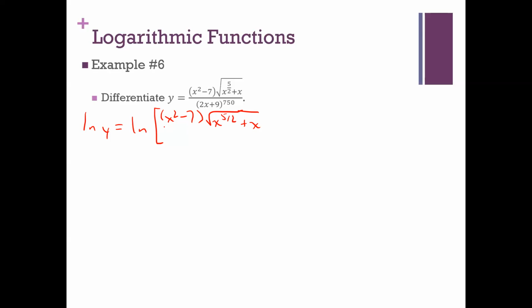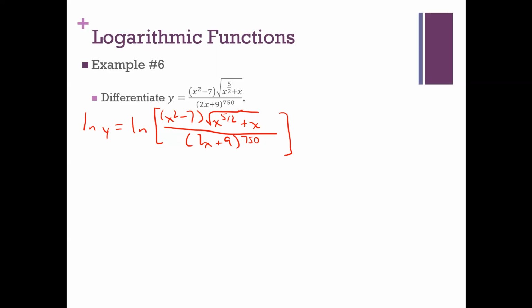What is the point of me taking a natural log of this thing? Will it get rid of the square root and the exponents? It won't get rid of them. They'll still exist, but I think you're on the right track.